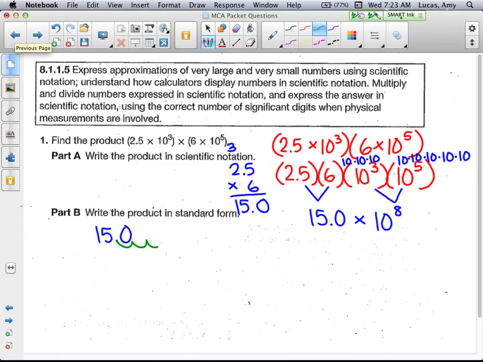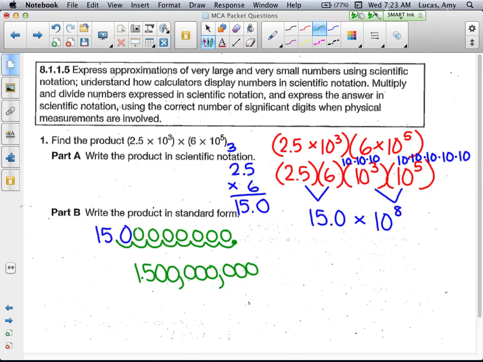1, 2, 3, 4, 5, 6, 7, 8. Here's where my decimal point is in standard form. So I have 3, 6, 8 zeros. So here is my number in standard form, 1,500,000,000.